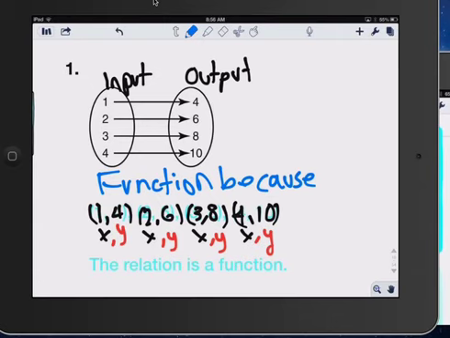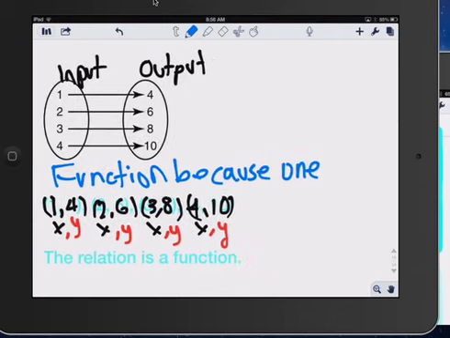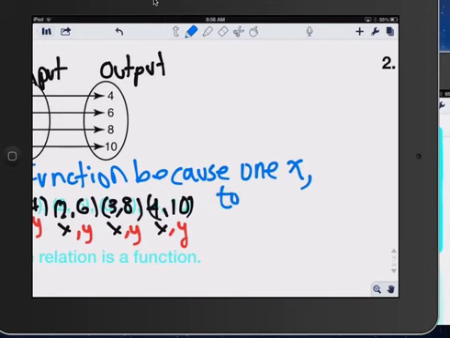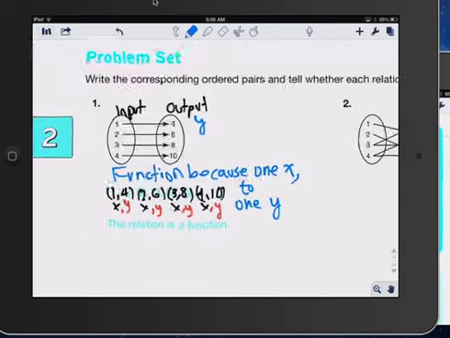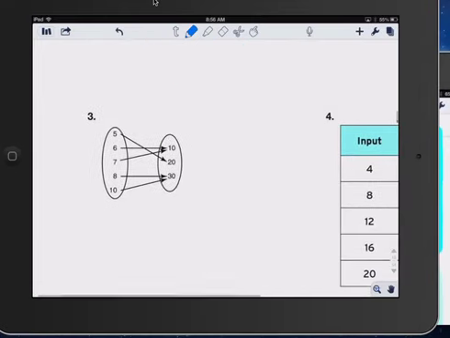One input, one x. Input is what variable? One x to one output. What variable is the output? Y. Because there's 1x to 1y.